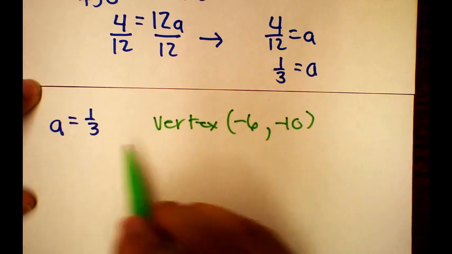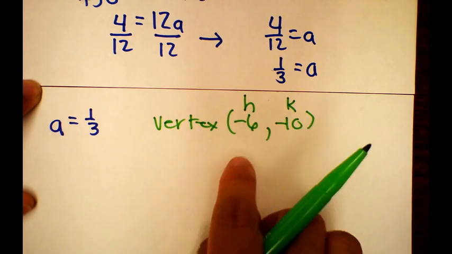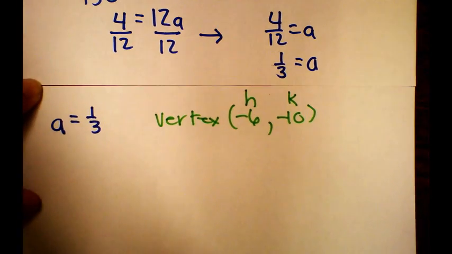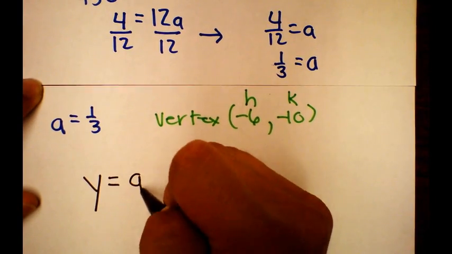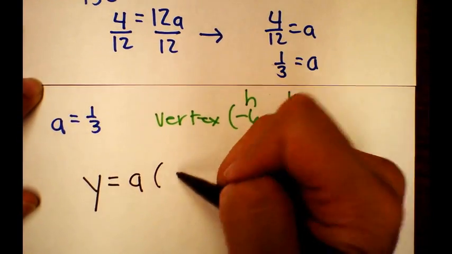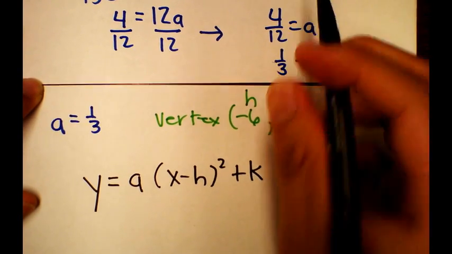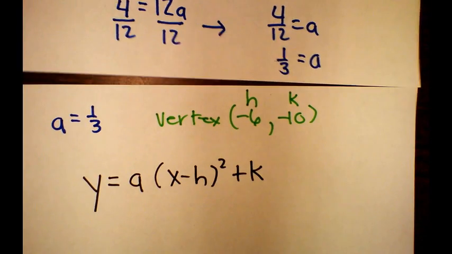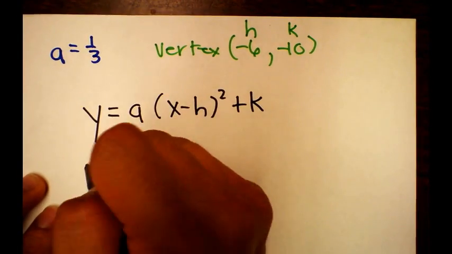So we got our a. Remember, your vertex is h and k. We only need these three pieces to put it back into the vertex form. Okay, y is equal to a parentheses x minus h squared plus k. Okay, let me take this out over here. And we're just going to plug those values in.